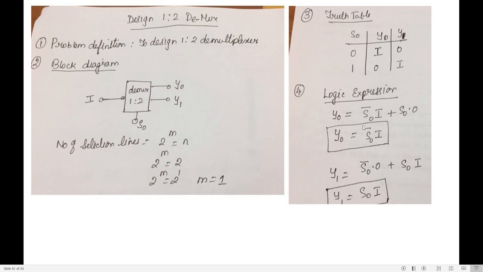This term becomes 0, so Y0 is S0 bar I. Clear? Now let us write the expression for Y1. Y1 is S0 bar into 0 plus S0 into I. Since the first term is 0, Y1 is equal to S0 I. So we got the expression for Y0 and the expression for Y1.